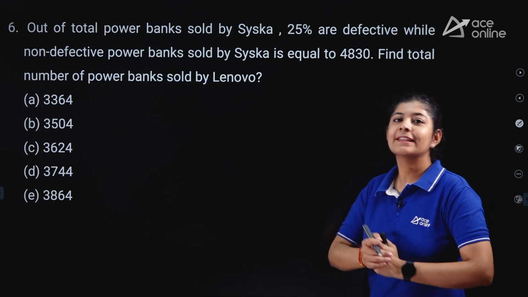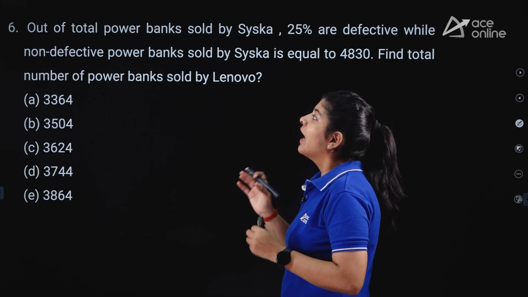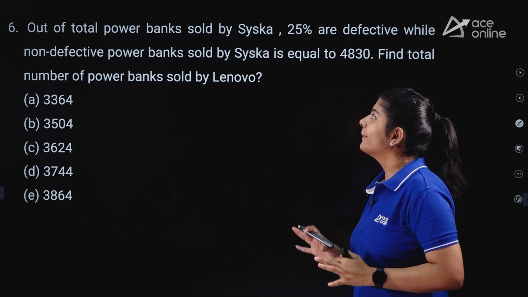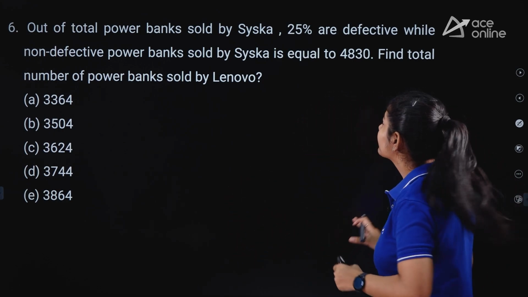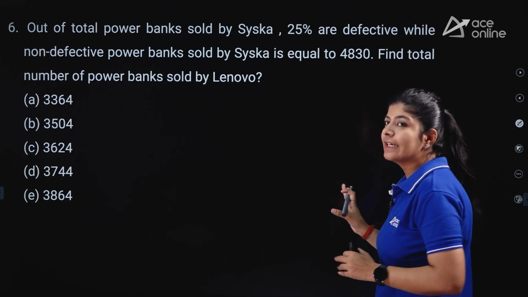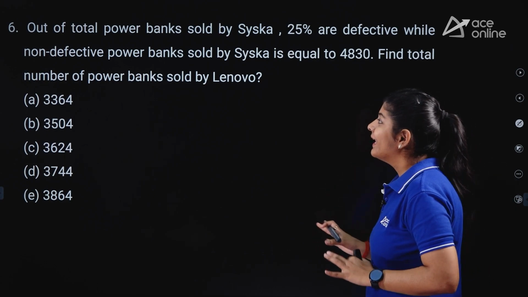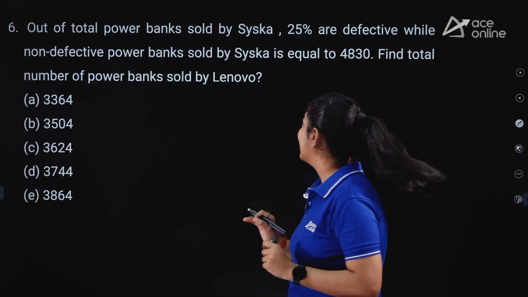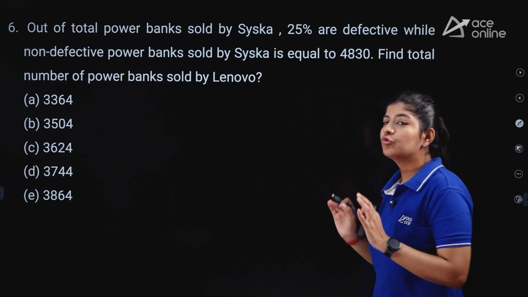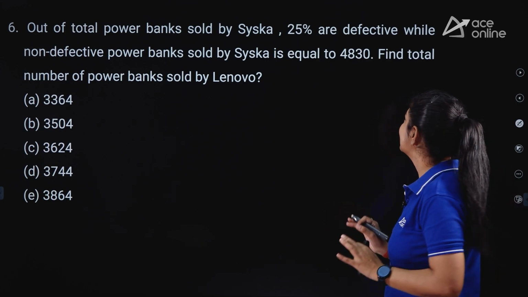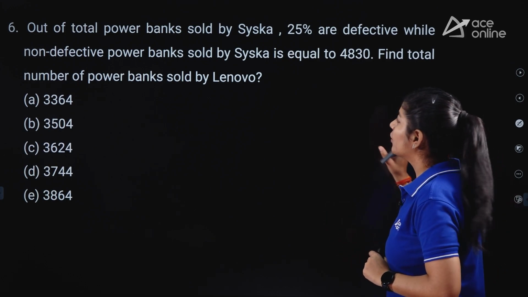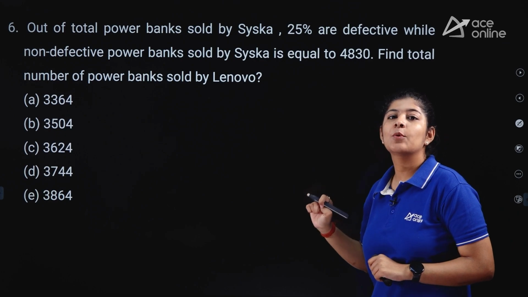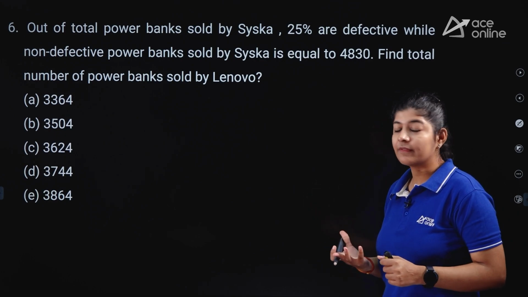This question says that out of the total power banks sold by Cisco, 25% are defective, while non-defective power banks sold by Cisco are equal to 4,830. Find the total number of power banks sold by Lenovo. Now what we have to do?